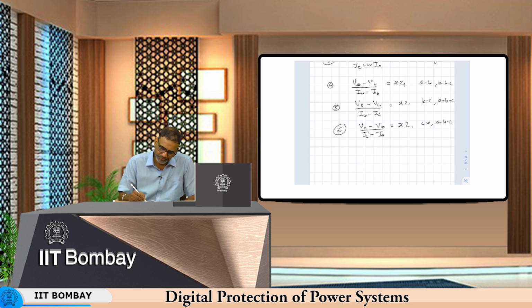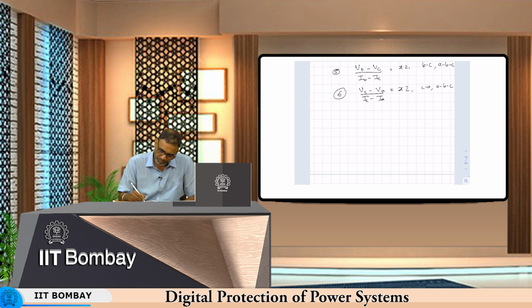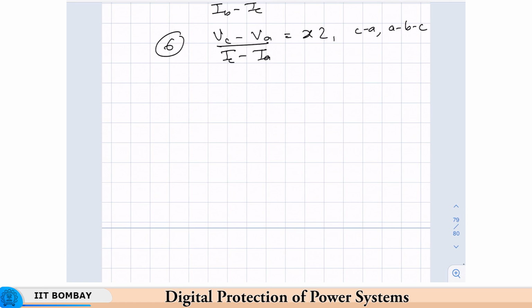What it means is you'll get something like VA minus VB upon I, and IB is 0 in this case, so you get something more than xZ1 here, which means that it will not pick up correctly. There is a chance that it could pick up if x is very low, but otherwise it will not read the fault correctly. So that is why we need more units.